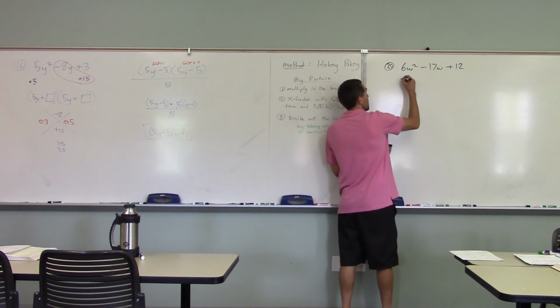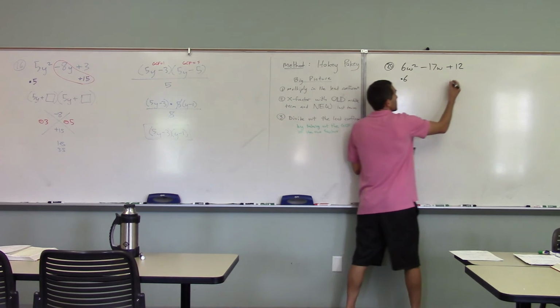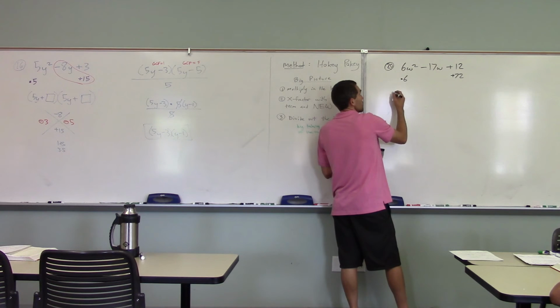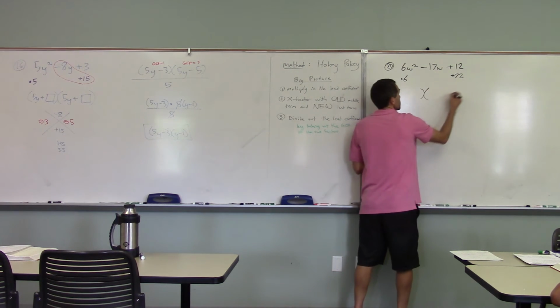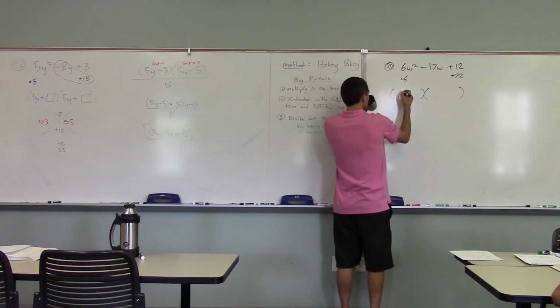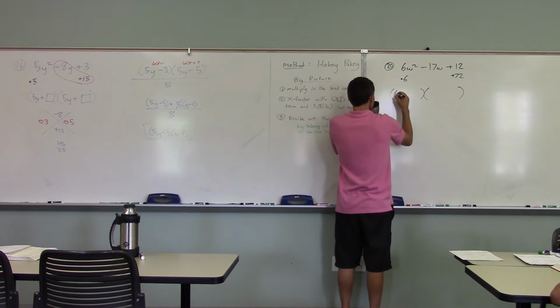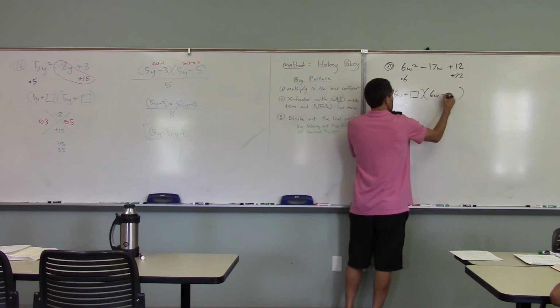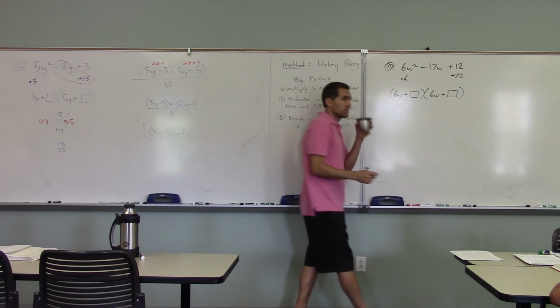Yeah, 6. And all we really care about is the last term, so we get positive 72. Okay. So, what are we going to have as our general factors? 6w plus something. And? Yeah. Okay. And then?